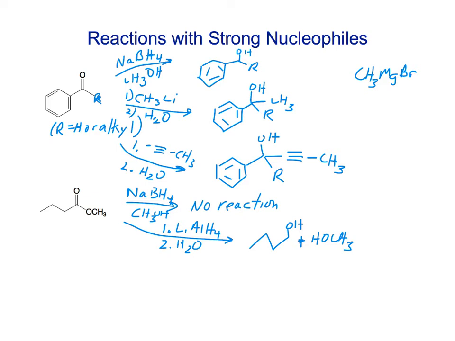Let's do one more reduction though. What if we do this reduction with DIBAL followed by water? It stops at the aldehyde. So it stops after a single reduction instead of two reductions.